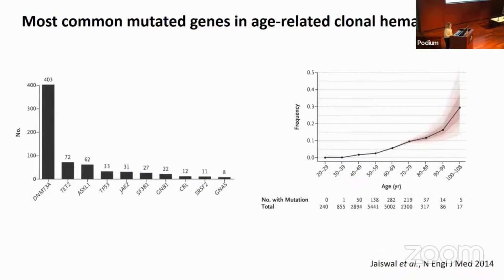You can see here on the right that while we age, we accumulate multiple mutations. The most common ones found in clonal hematopoiesis are DNMT3A, which has the highest frequency, and then others are TET2, ASXL1, or P53.